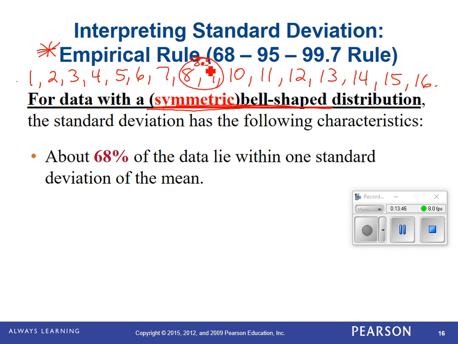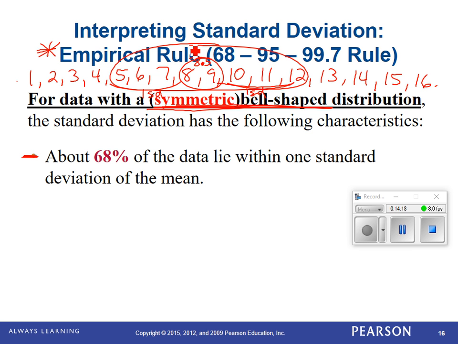What we're saying with the empirical rule is that about 68% of the data fall within one standard deviation of the mean. So that means if we go out this way one standard deviation, and we go out this way one standard deviation, that amount should be about 68% of the numbers. Give me a fraction that might make more sense than 68%.